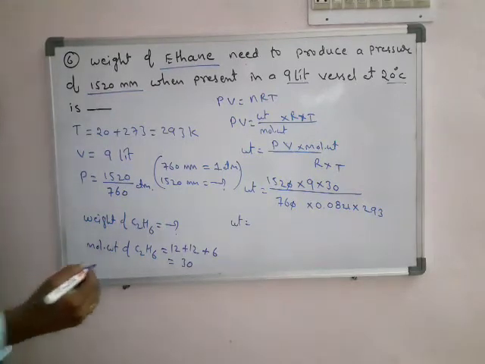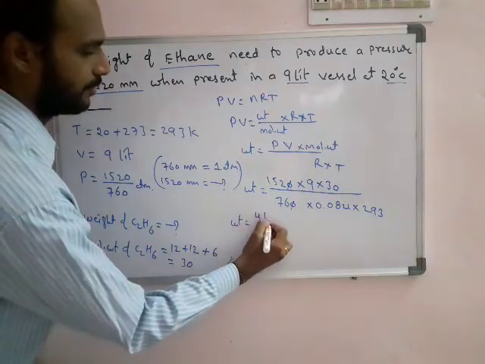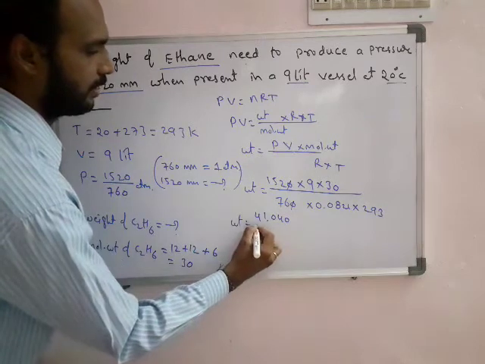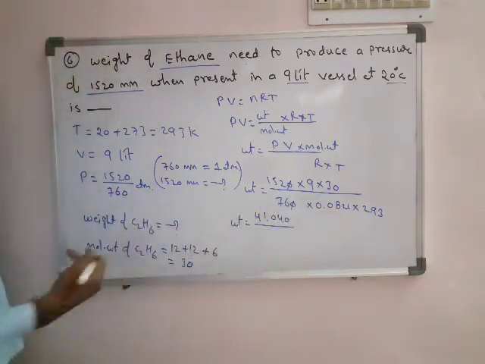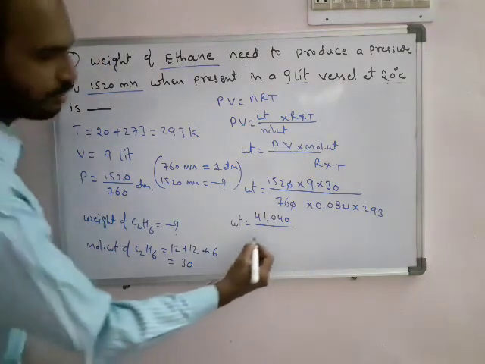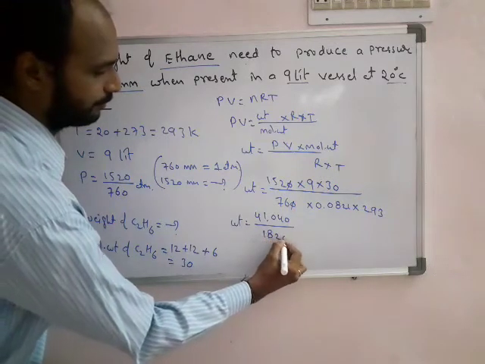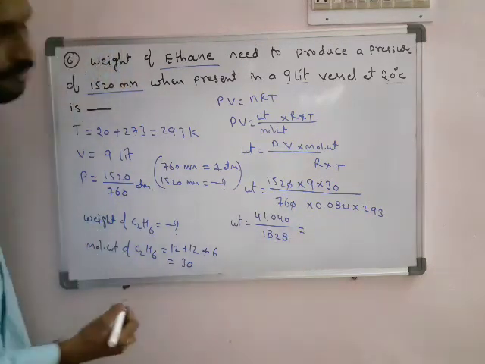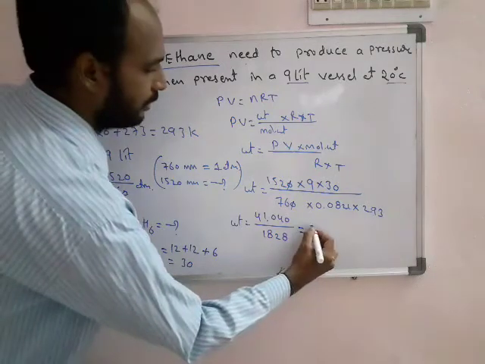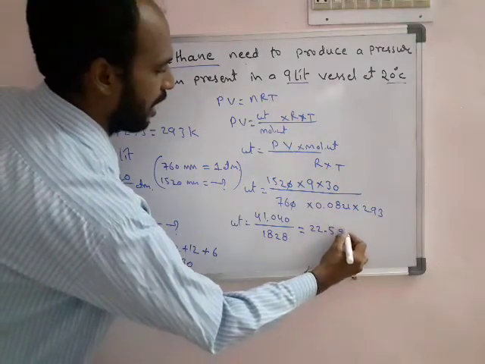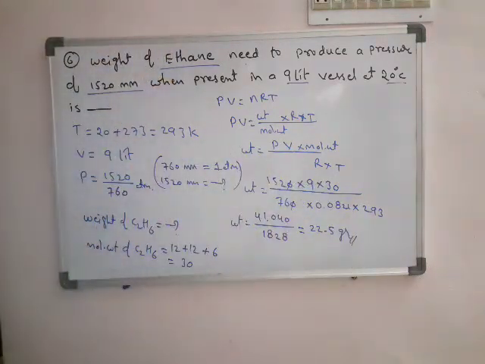Here approximately we will get 41,040 by. And in this calculation we will get 1828. So finally we will get approximately 22.5 grams of ethane.